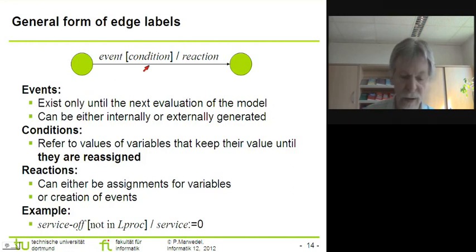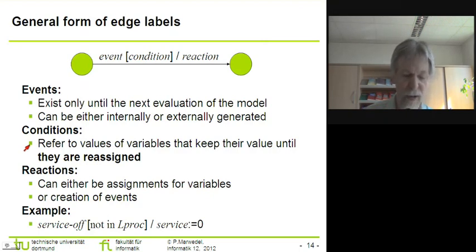And then the second part that we can have here for the labels next to one edge is the set of conditions. Conditions refer to variables, to values of variables that need to be met if such a transition is to take place.